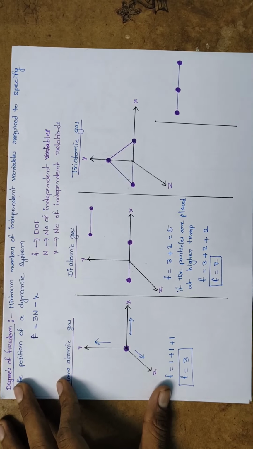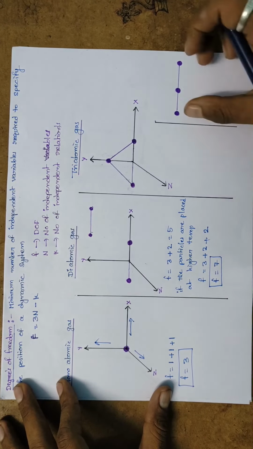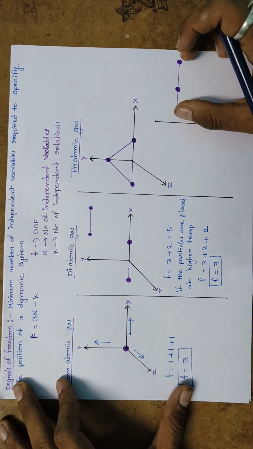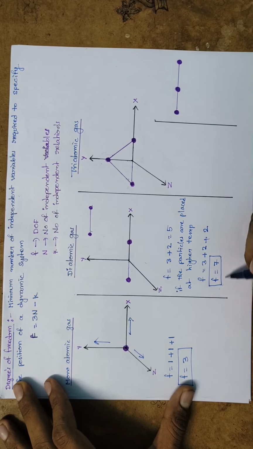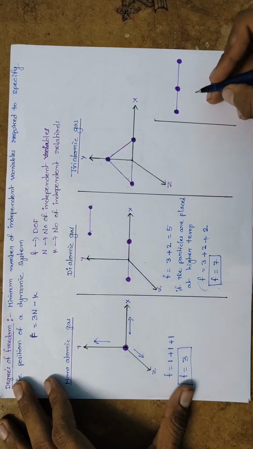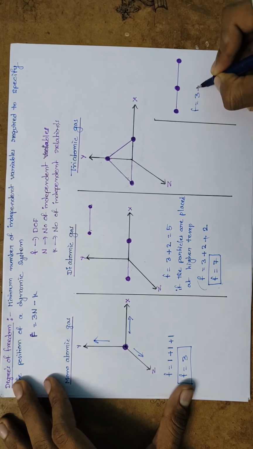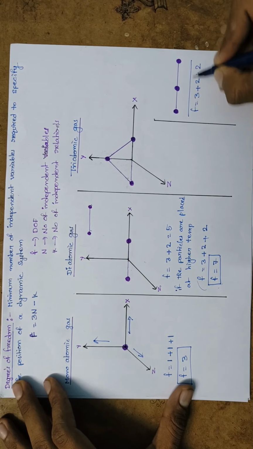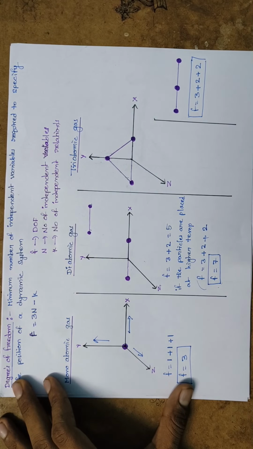Okay, now coming to the triatomic gas molecule. First we will discuss linear triatomic gas molecule. This linear triatomic gas molecule is similar to the diatomic one, that means the net degree of freedom is equal to 3 translational plus 2 rotational plus 2 vibrational degrees of freedom, the same as it is if it is placed at a higher temperature.